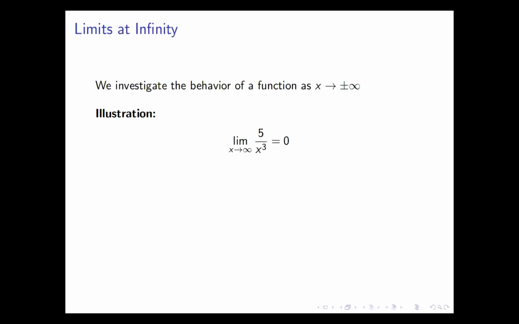And so on. Now we say that the limit as x approaches infinity of 5 over x cubed is 0. This is a limit at infinity. Similarly, the same function has the same limit as x approaches negative infinity.